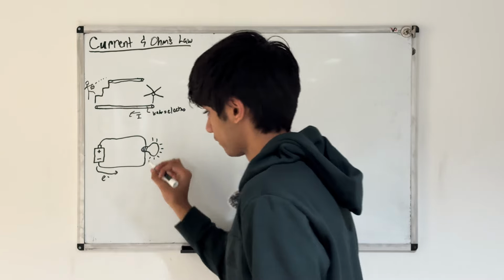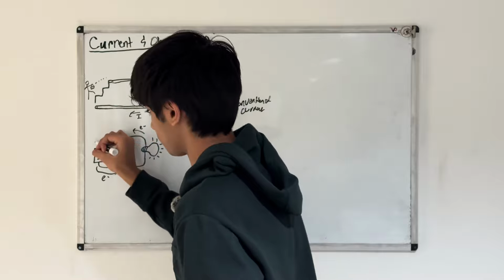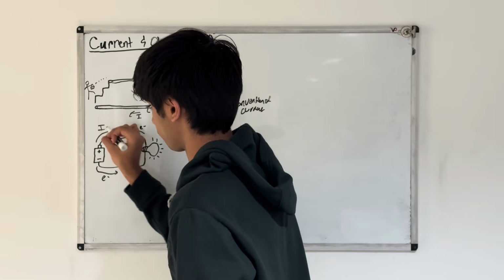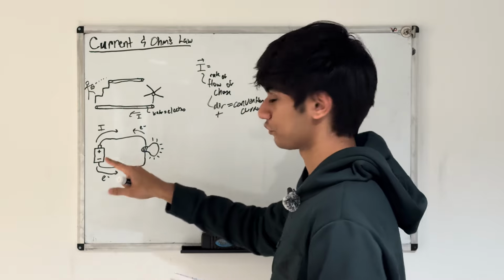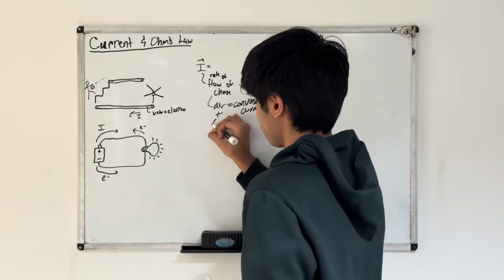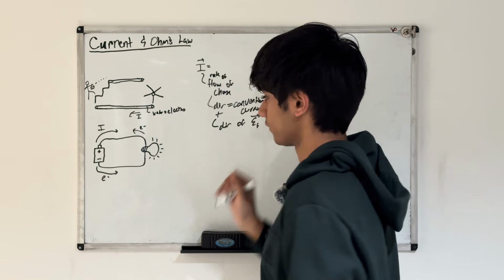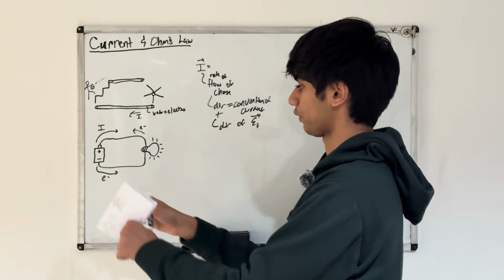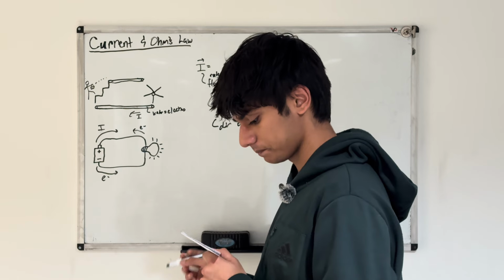In actuality, while the electrons are flowing this way, we say that the current is flowing in the opposite direction. The current is flowing the direction that positive charges are going, or in other words, the direction of our electric field, because our electric field tells us the direction that positively charged particles are going.